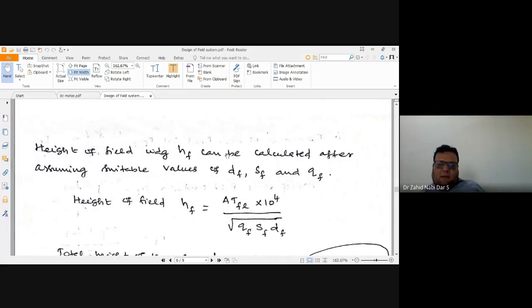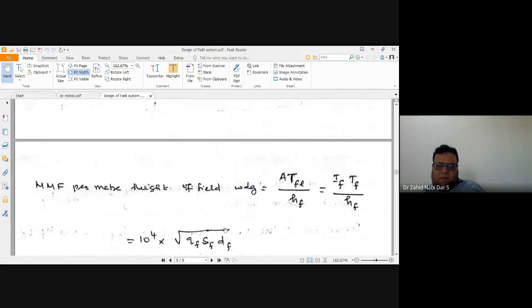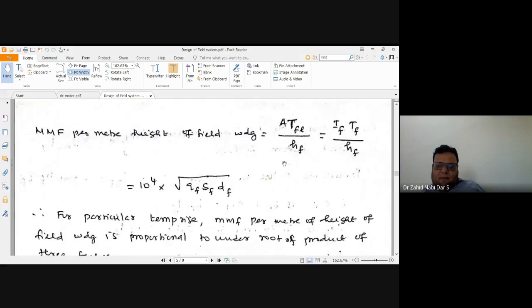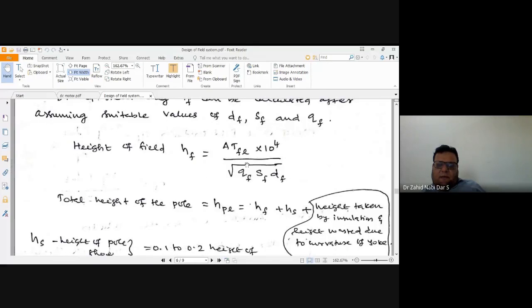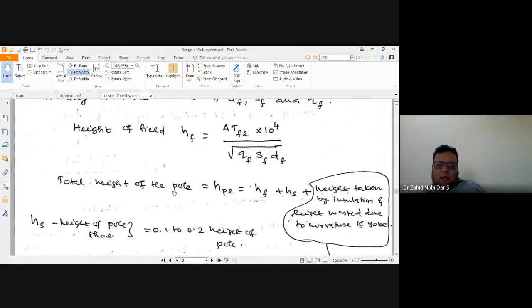So height of the field winding, see, again from the same formula, you can see height of the field winding is here. Now you can calculate from this same formula, height of the field winding is ampere turns into 10 power 4 QF SF DF. So total height of the pole depends upon your height of the field winding plus height taken by insulation and height wasted due to what?